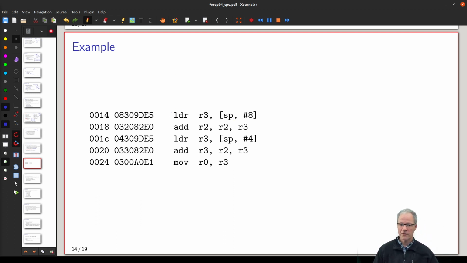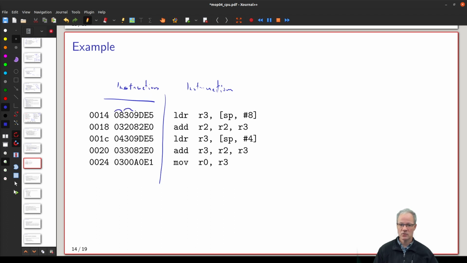So here's an example of the assembly code. There are 5 instructions. Okay, so these are instructions. And these are, guess what? These are also the instructions, except they are encoded. They are compiled.